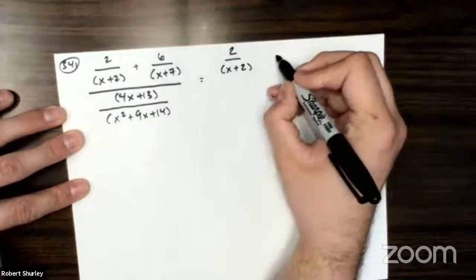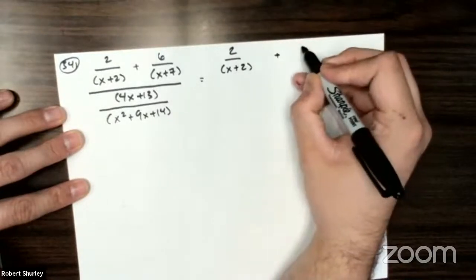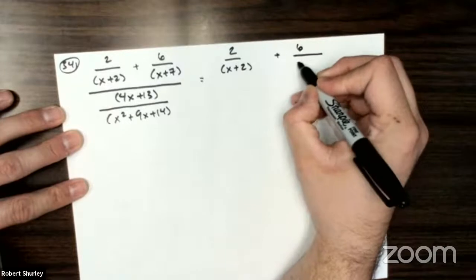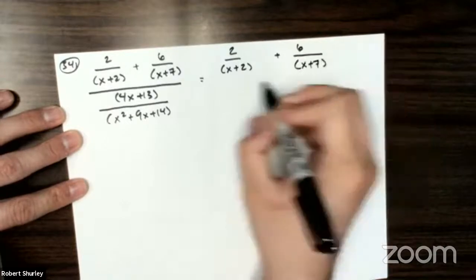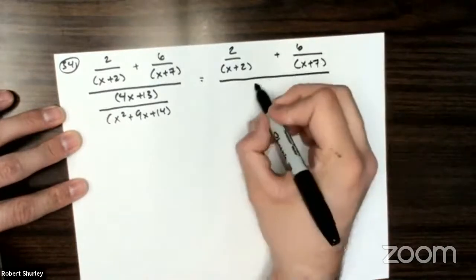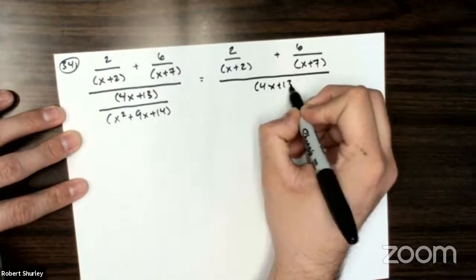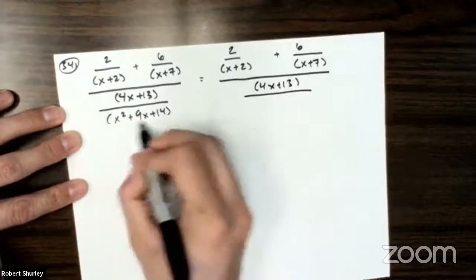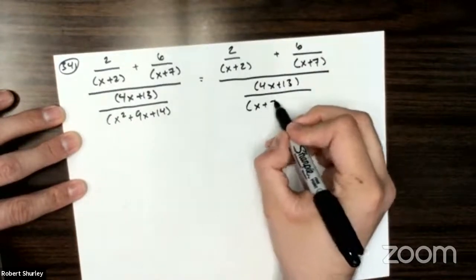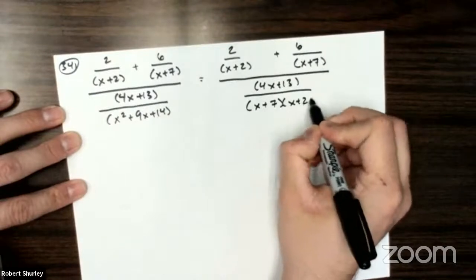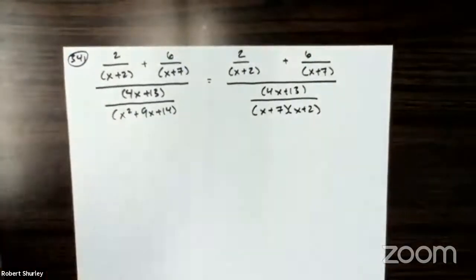So I can write this in with that numerator factor. Now I'm going to leave some gaps here, and you'll see why in a minute. Look, this denominator will factor into x plus 7, x plus 2, okay?